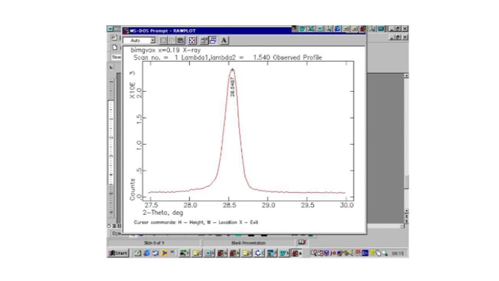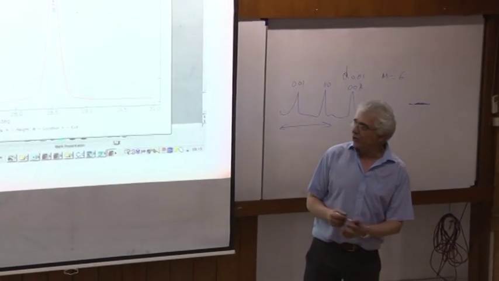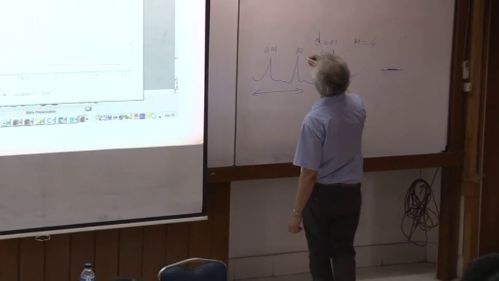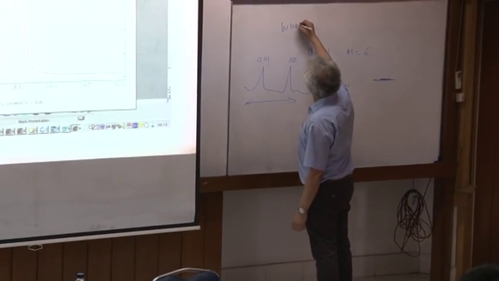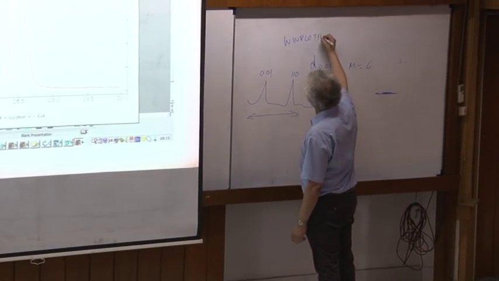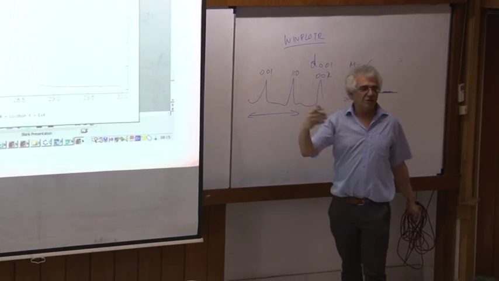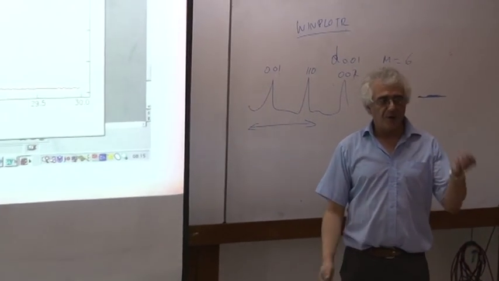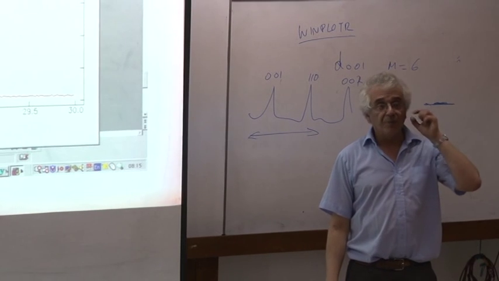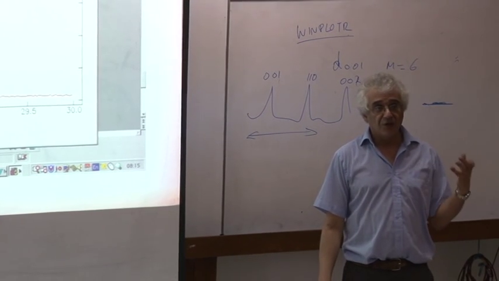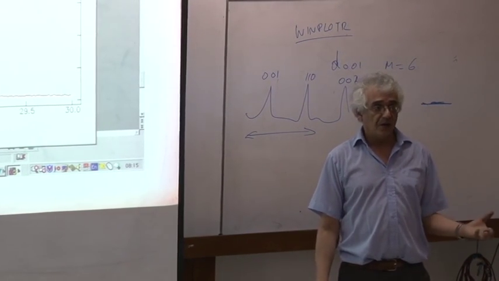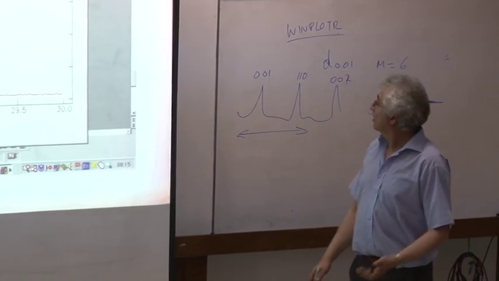So, measuring the peak. Well, the simplest way is to go into a program like WinPlotR, which is freely available. It's part of the FullProf suite of programs, which you can download from the ILL in Grenoble.